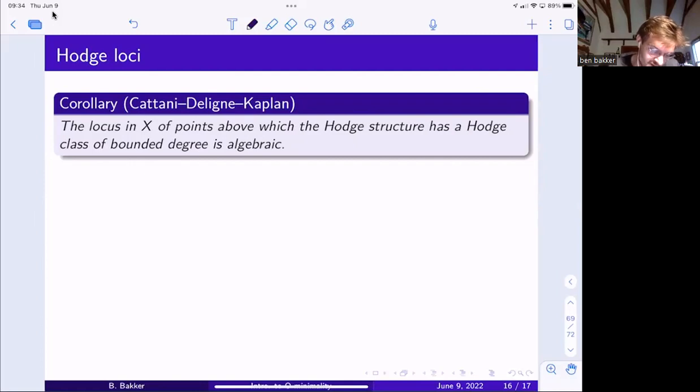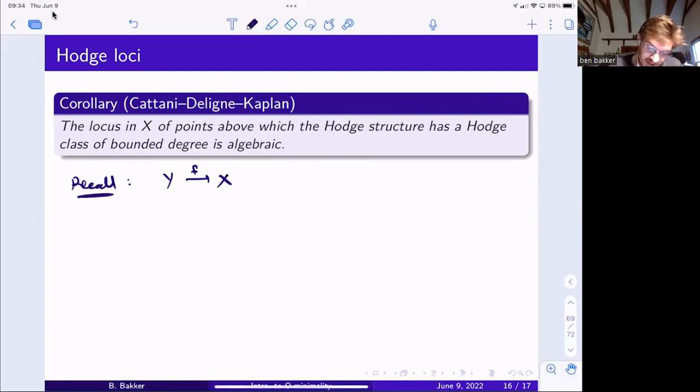Okay, great. So let's just recall, let's even talk about the geometric case. Suppose our variation of Hodge structure comes from a family of algebraic varieties.